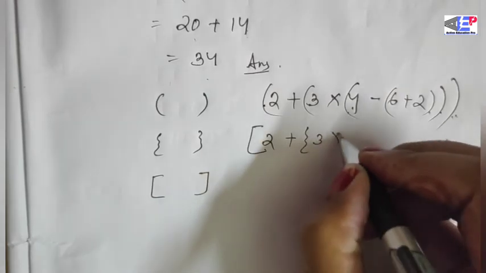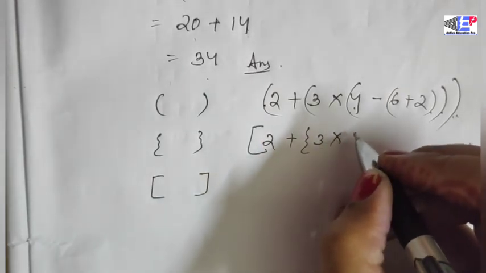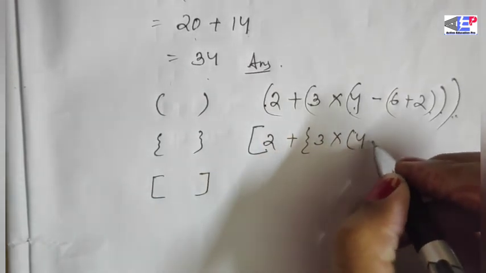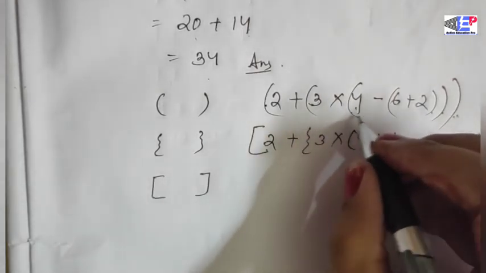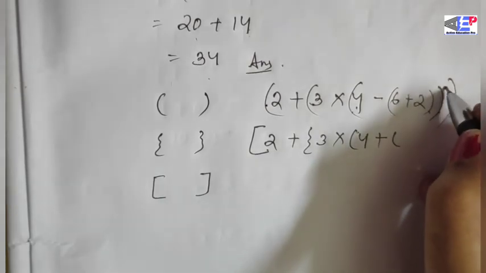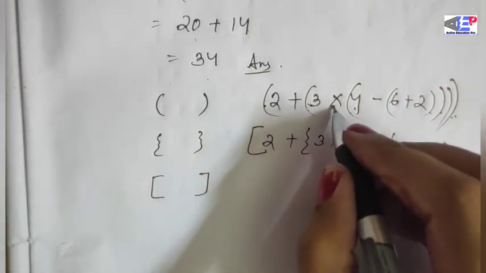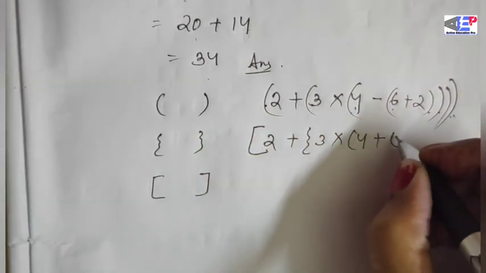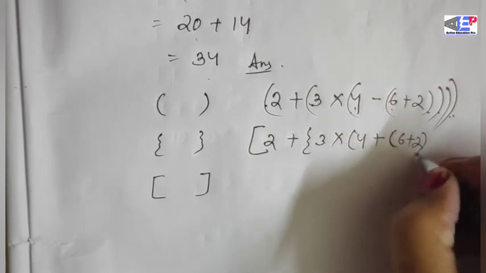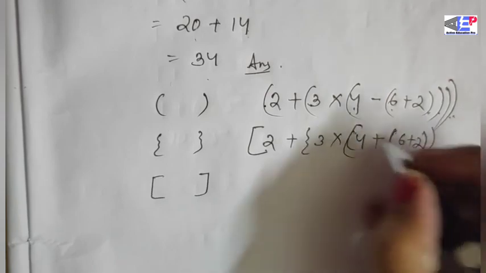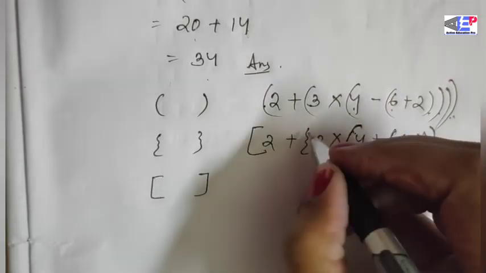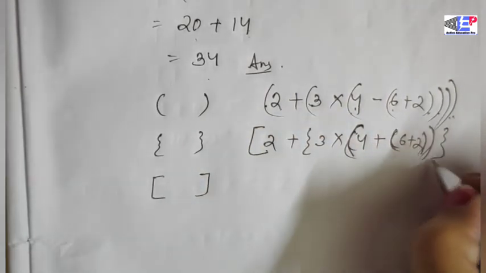So that's why you write there is another bracket. 4 brackets start, 4 brackets end. Bracket start, bracket close. Here bracket start, bracket close. Then curly bracket close.